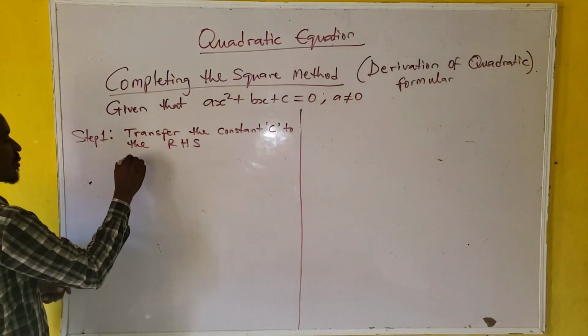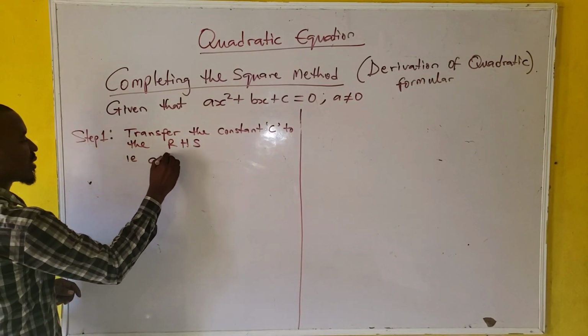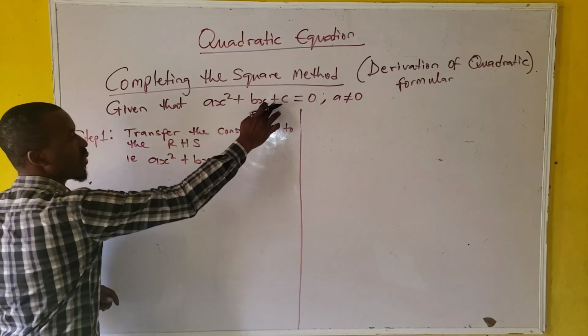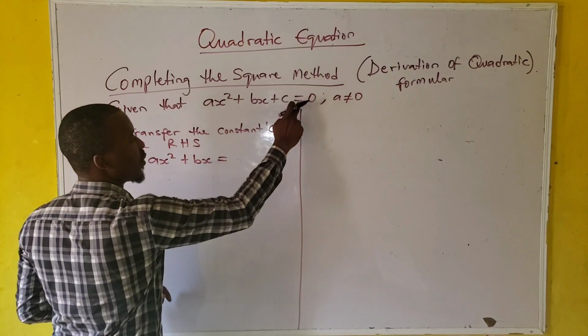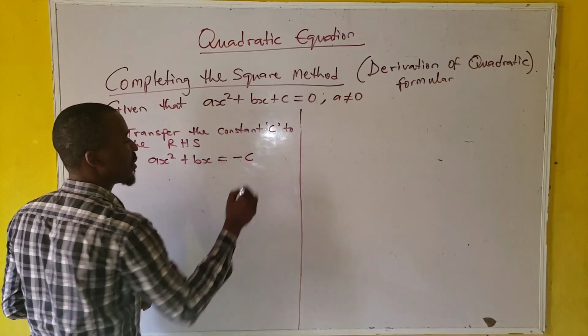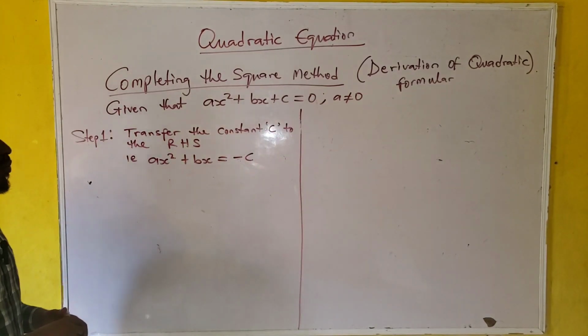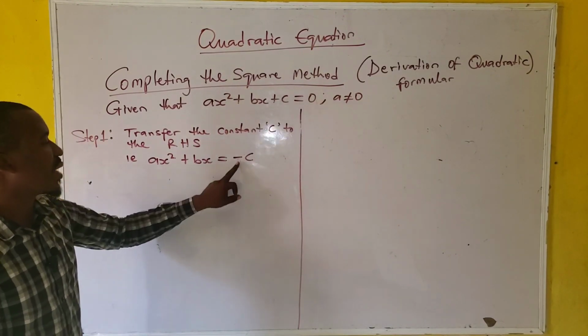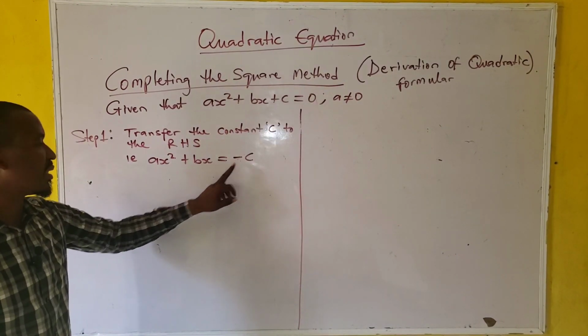So that will give you as squared plus bs equals to, of course, when a positive crosses over the equality sign, it will become a negative number. So it's positive, it has crossed over the equality sign, we have it now as a negative number.